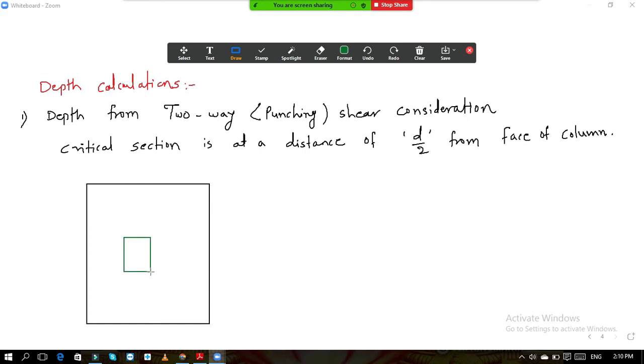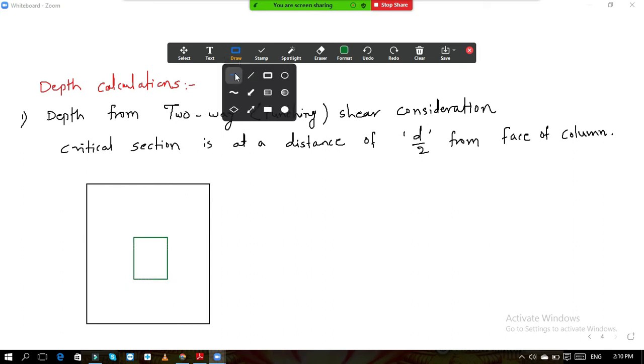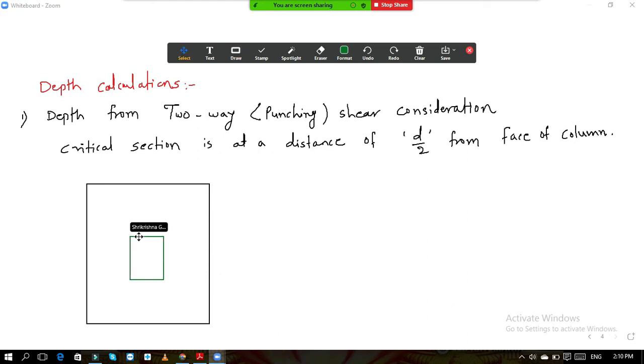So this is the column. And now the critical section is at a distance of d by 2.